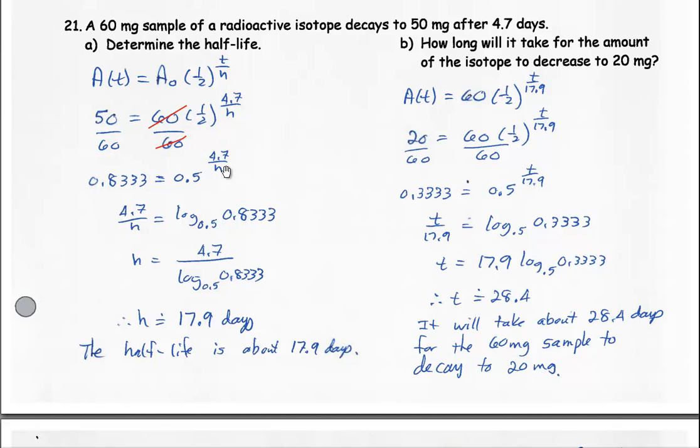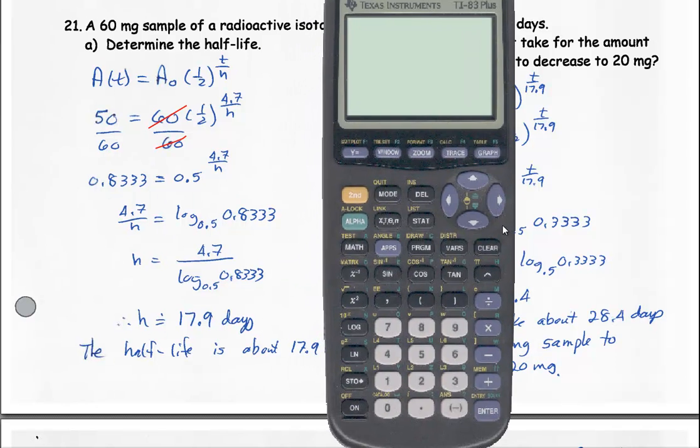Now again, I'm trying to solve for h. H is in the exponent, so that's why I need a logarithm here. So to convert this into its equivalent log form, the exponent would equal the logarithm of this base 0.5. And so we would evaluate this by using our scientific calculator. Actually, let's do the logarithm first.